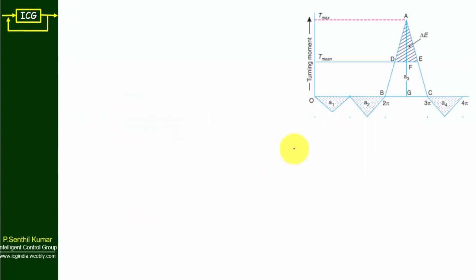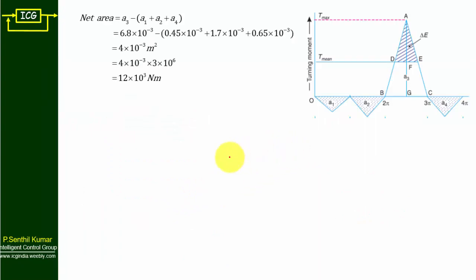With this detail, we will move on to the problem. First, take this same turning moment diagram. First, I am going to find the total area of the given turning moment diagram. Here we have A1, A2, A3 and A4. A1, A2, A4 are negative, A3 is positive.